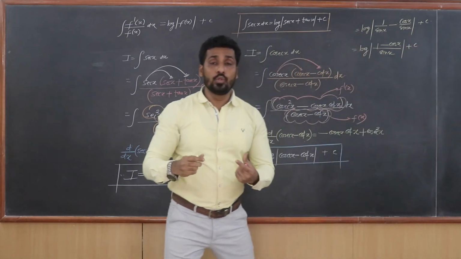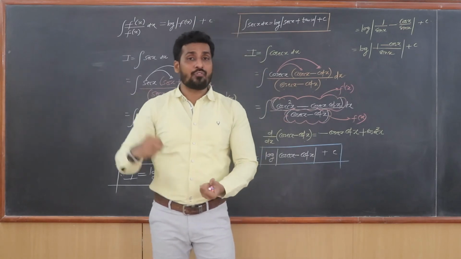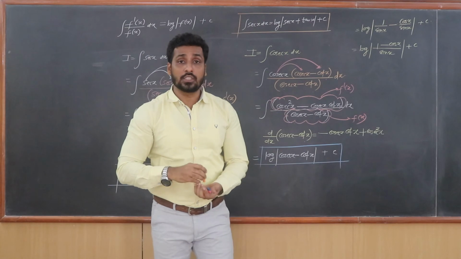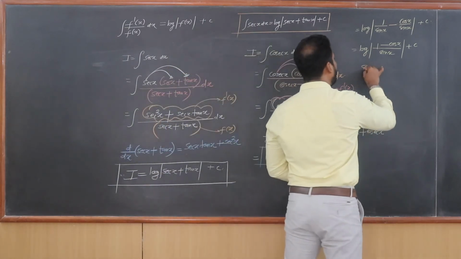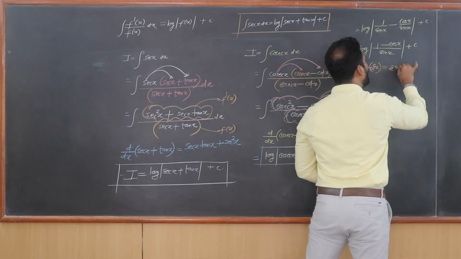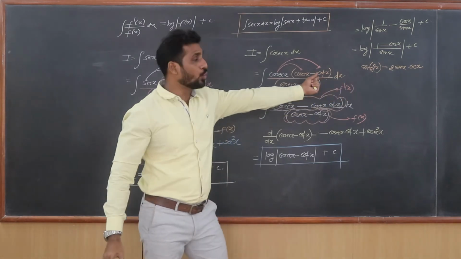Now students, you need to know your trigonometry formulas very well, your half angle formulas. From the half angle formulas, I'm going to write down the formulas here for your reference. If you know sine 2x, is it 2 sine x into cos x? Sine 2x is 2 sine x cos x.